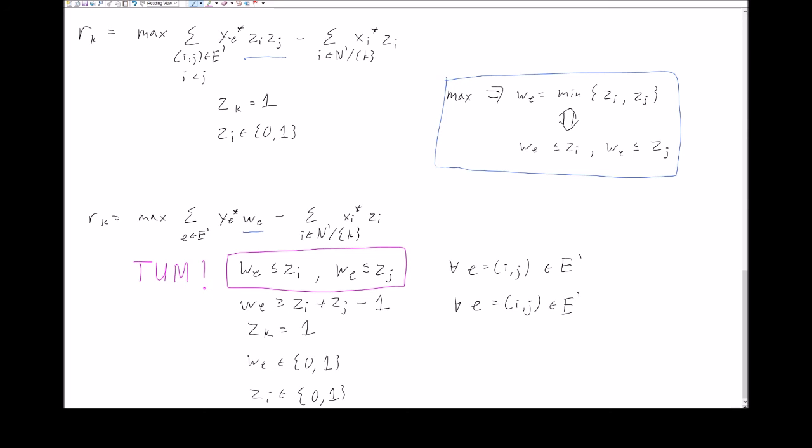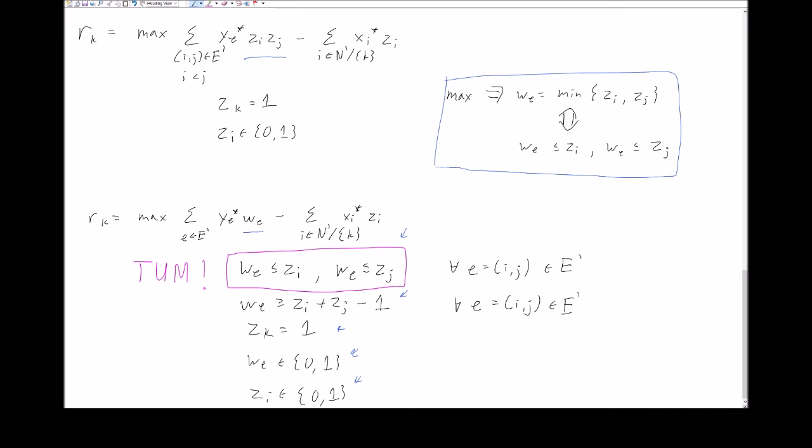It's easy to verify that we has to be less than or equal to zi and less than or equal to zj. It's also easy to verify that we has to be greater than or equal to zi plus zj minus 1. We include the constraint that we has to be either 0 or 1, and that zi has to be 0 or 1, and also our constraint that zk is equal to 1.